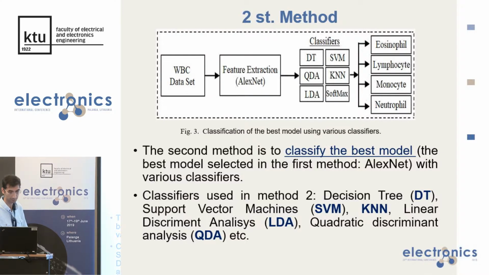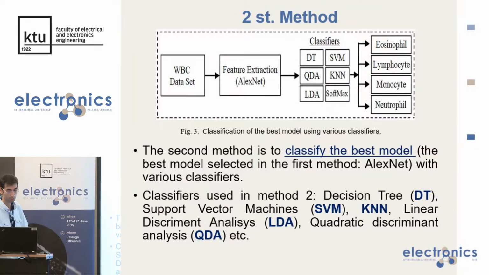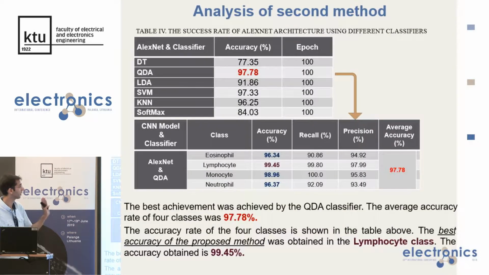The results show quadratic discriminant analysis has the best accuracy rate, 97.78. The other class, lymphatic, has a 99% success rate.